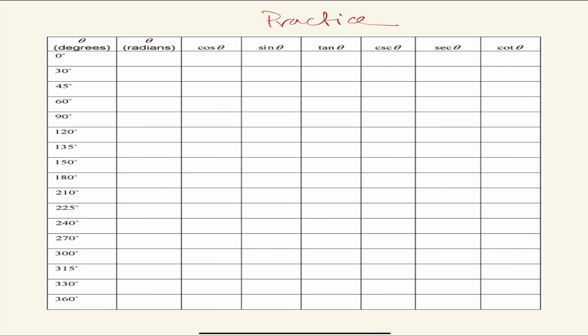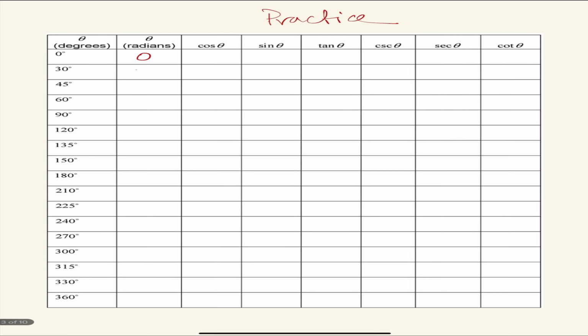For practice, I'm going to do just 0 degrees to 90 degrees. I want you guys to practice the rest of them. What is 0 radians? It's 0. 30 degrees is pi by 6. 45 degrees is pi by 4. 60 degrees is pi by 3.